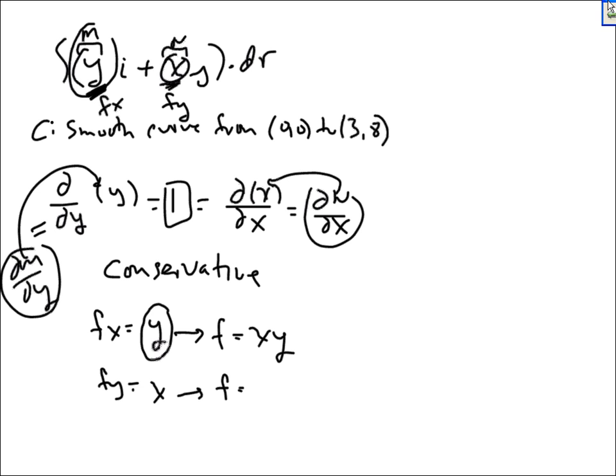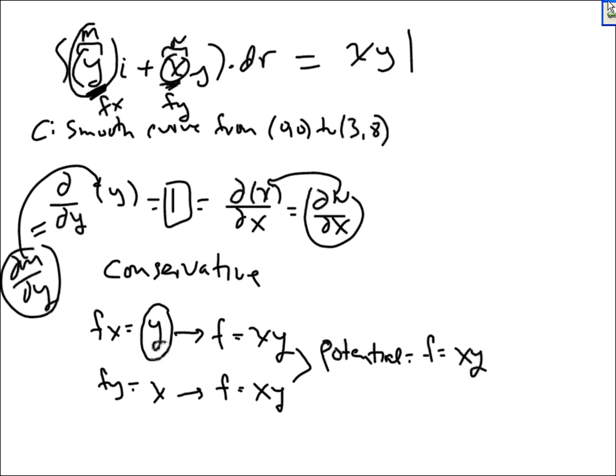Same for the bottom. We started off with xy. So a potential is f equals xy. So this top integral is nothing more than xy evaluated from 0, 0 to 3, 8.